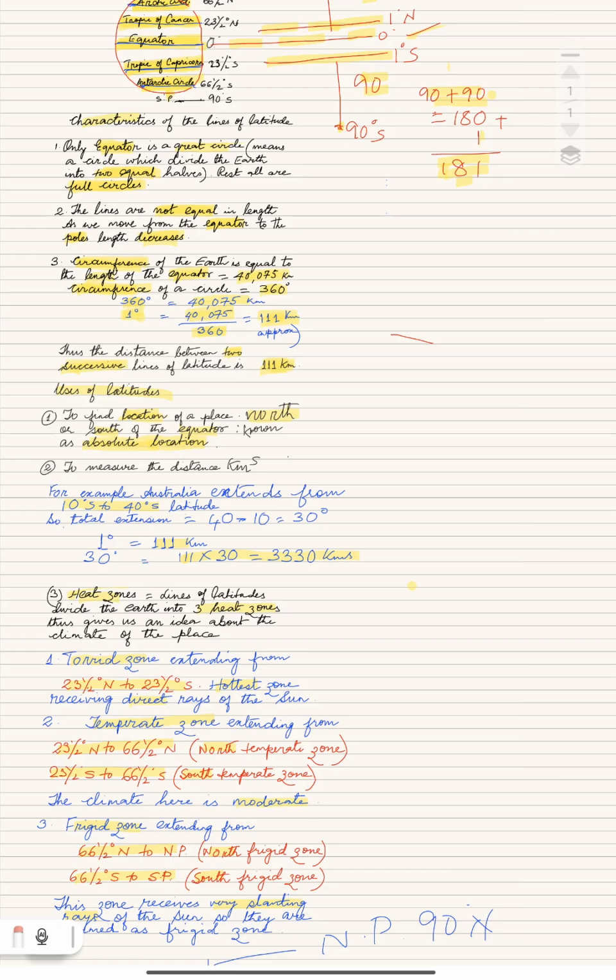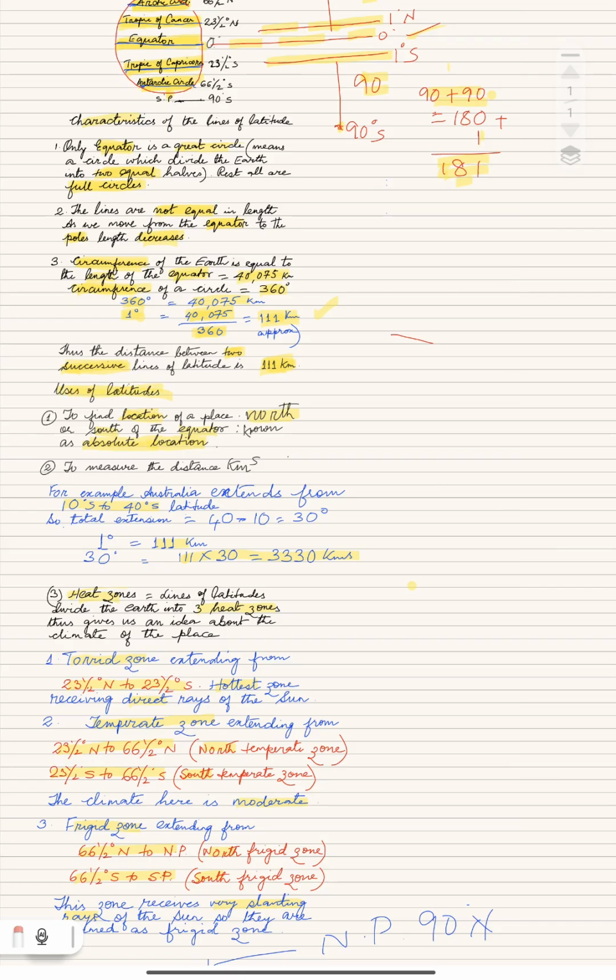So 1 degree will be 40,075 divided by 360, which comes to 111 kilometers approximately. Thus the distance between two successive lines of latitude is 111 kilometers.